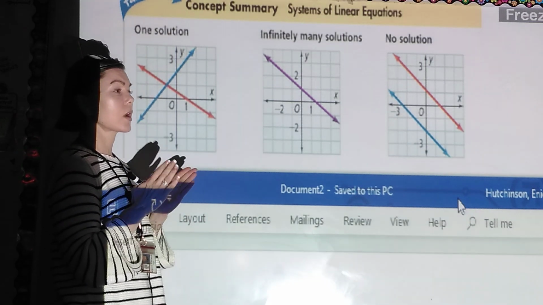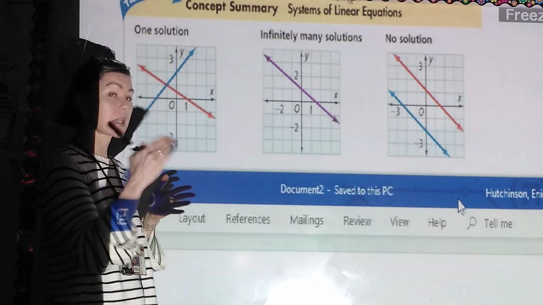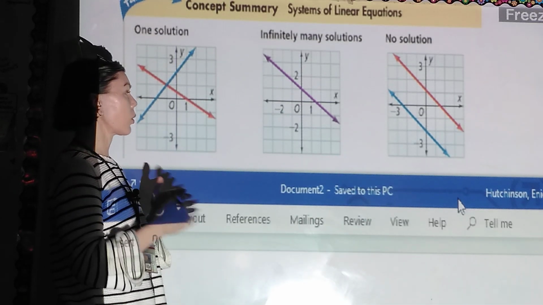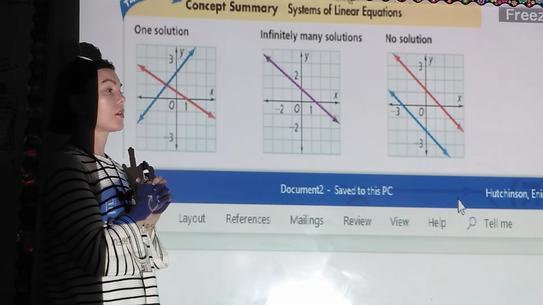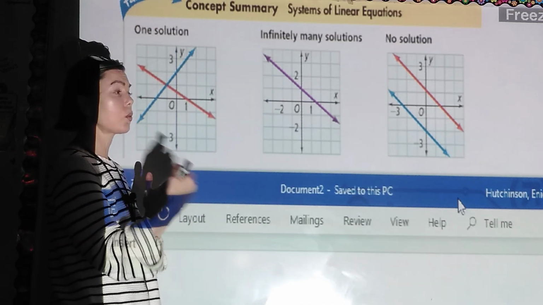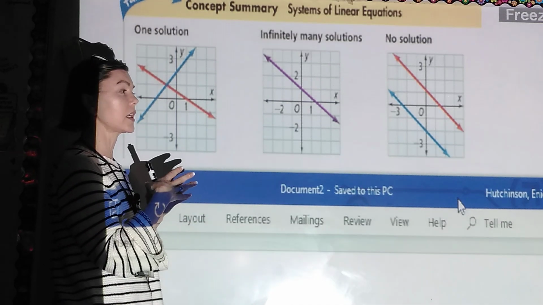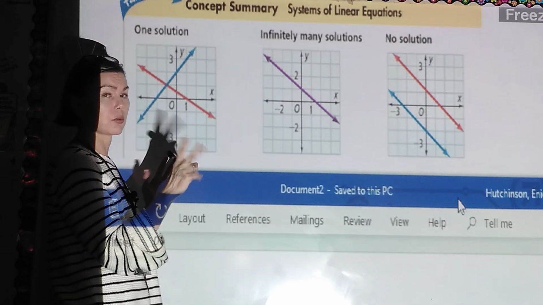Graphing a system of linear equations is exactly the same as graphing just one line or one equation, only instead of having one line on the graph, you're going to have two.